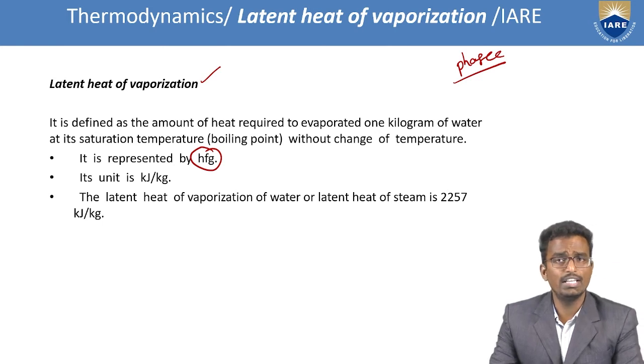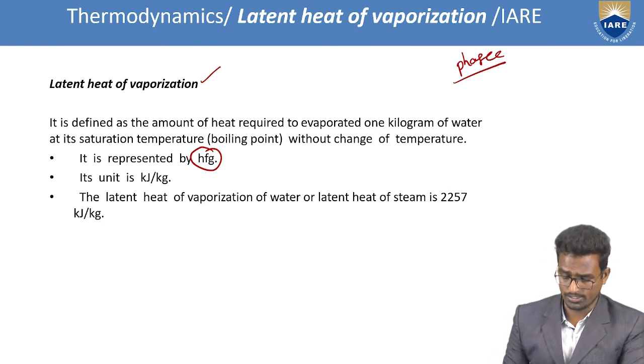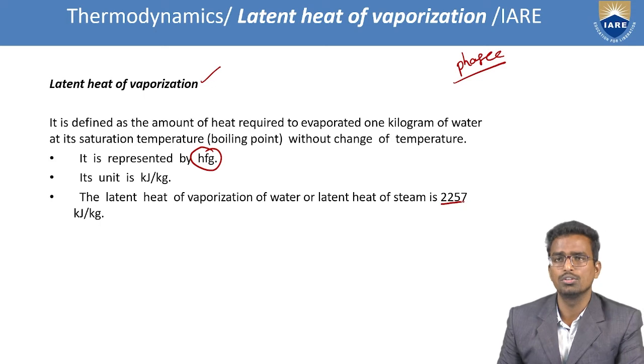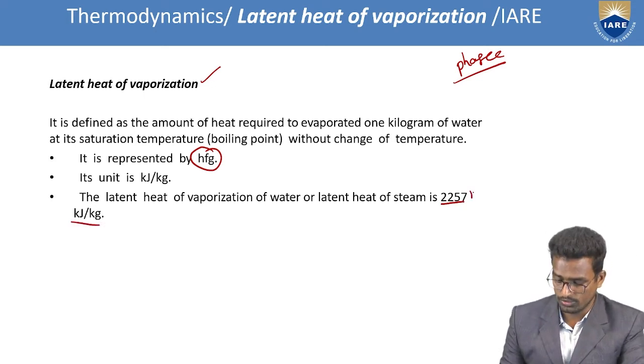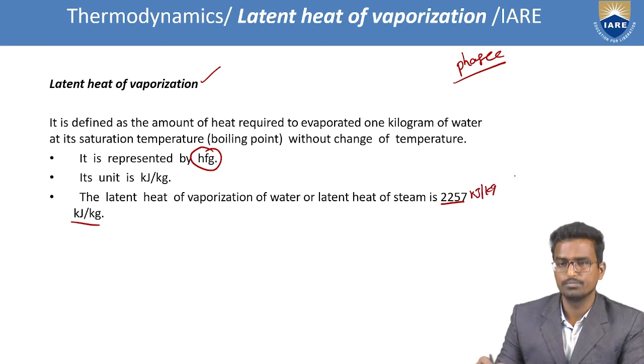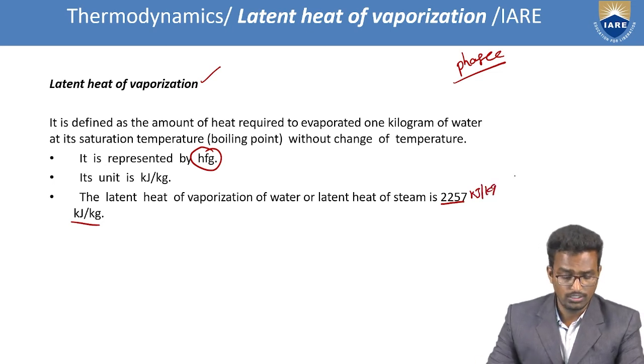The latent heat of vaporization of water, at steam condition, is 2257 kilojoule per kg. Right, this is the latent heat condition.